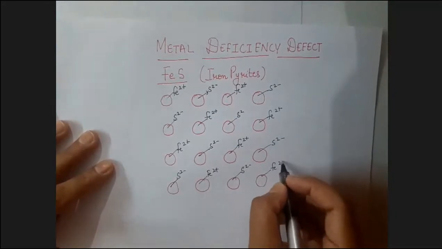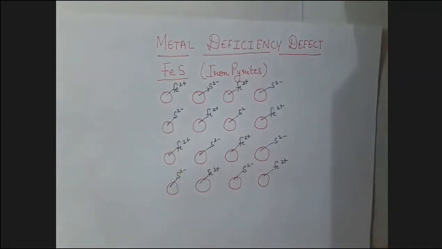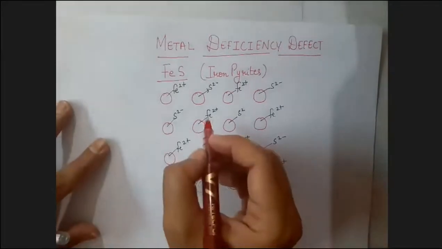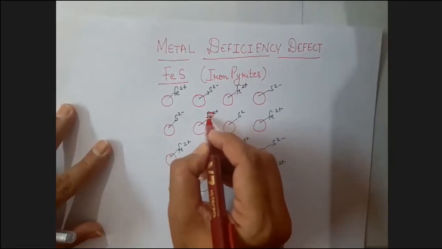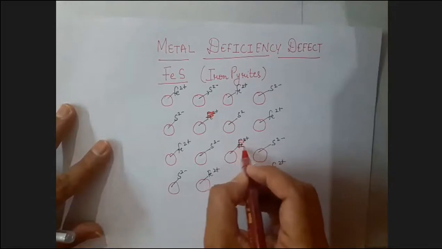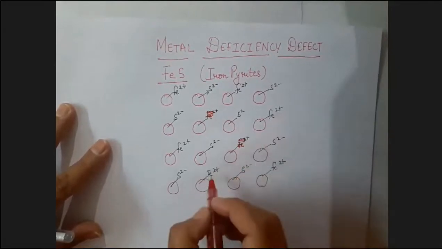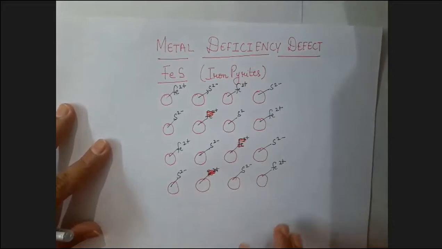Now, what happens in this crystal? This type of defect is created when a metal ion goes missing from its site. Suppose in this case, two Fe2+ ions are missing.